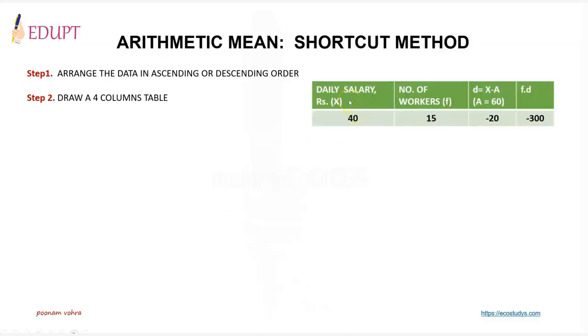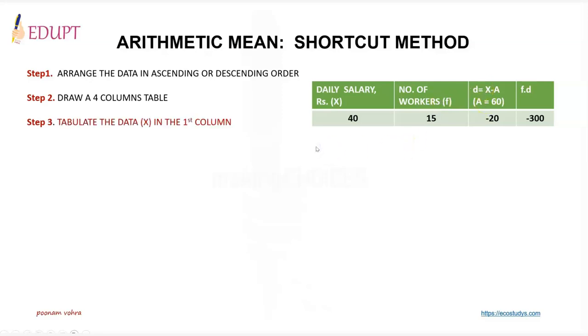Column 1 is the values of the variable, which is daily salary in this case. Column 2 is the number of workers, which is frequency. Column 3 is finding deviations, that is x minus a, where a is the assumed value. And finally, you have 4th column, which is FD, frequency multiplied by the deviations.